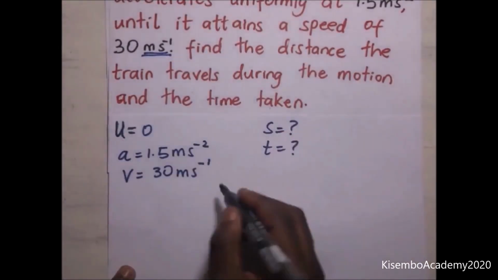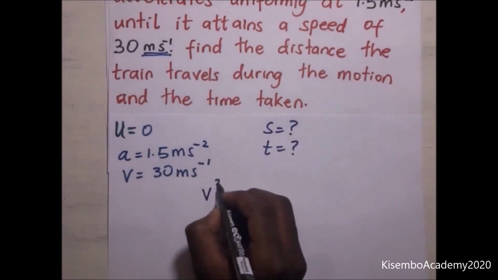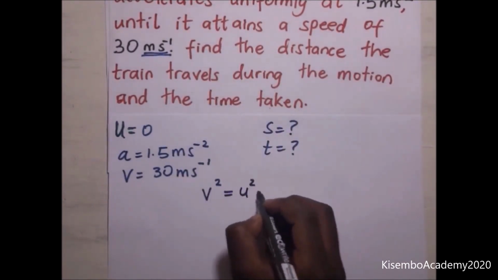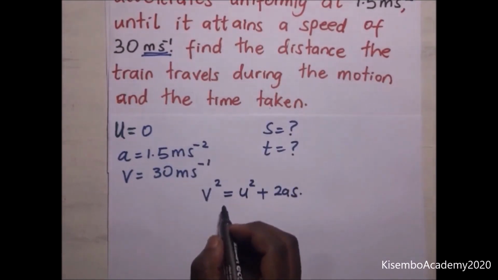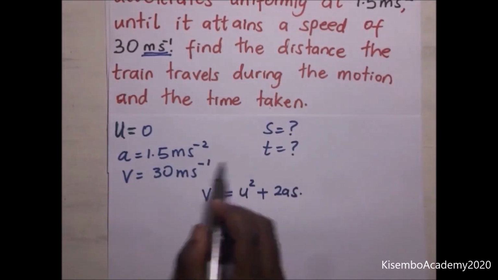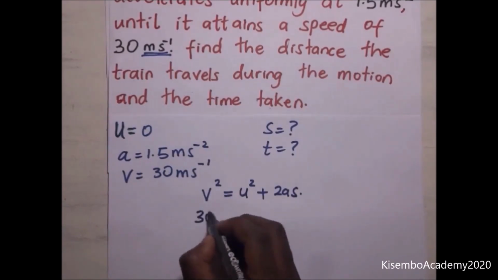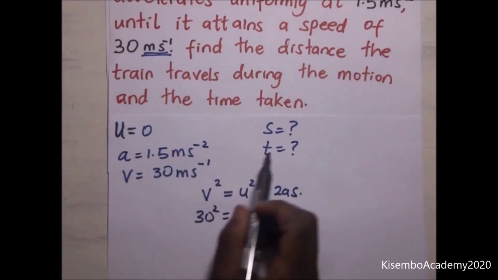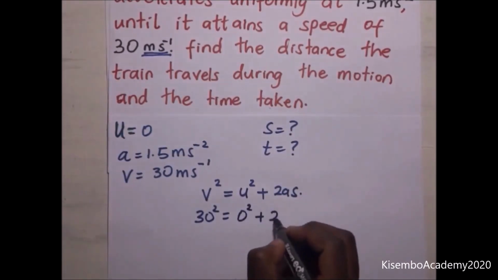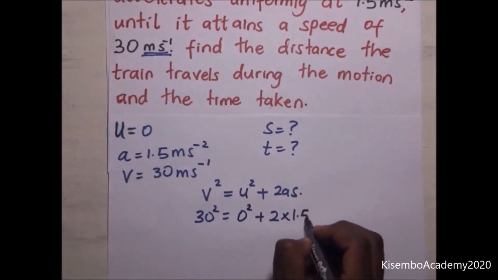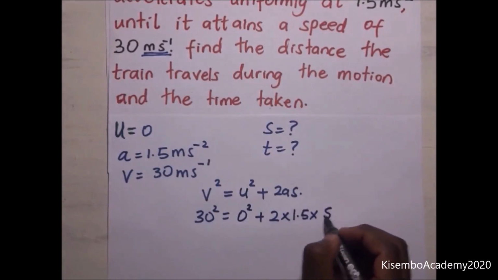So to find our value of s, we can use the third equation: v squared is equal to u squared plus 2as. Our value of v is 30, so 30 squared is equal to u squared. Our value of u is 0, so it's 0 squared plus 2 times the acceleration, which is 1.5, times s, which is what we're looking for.